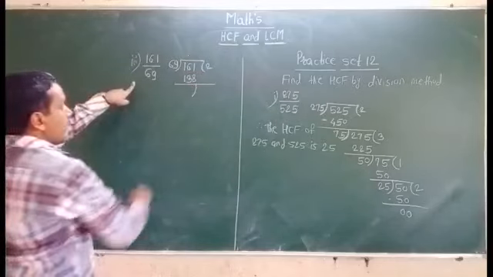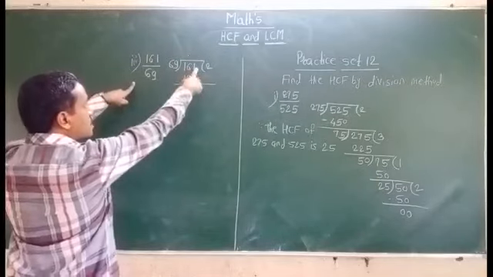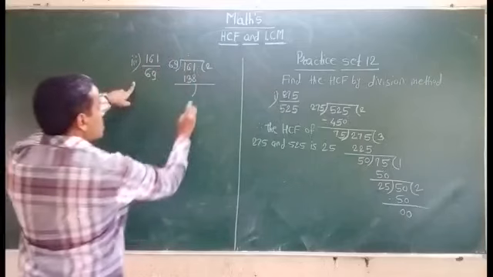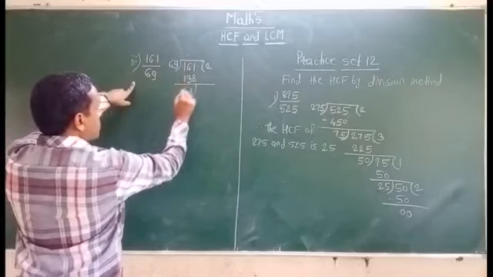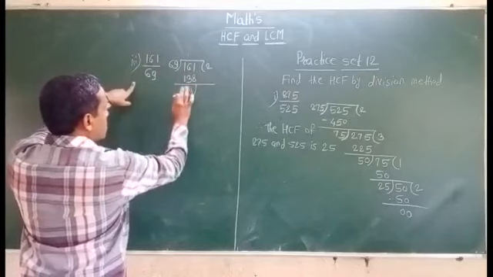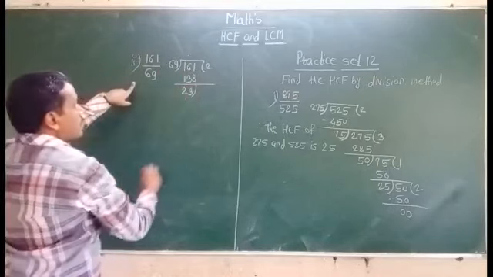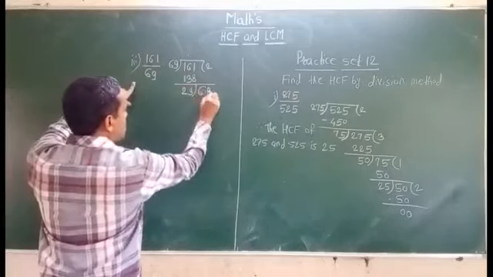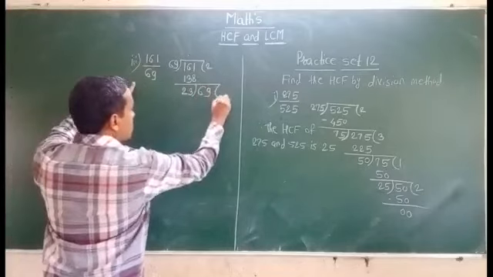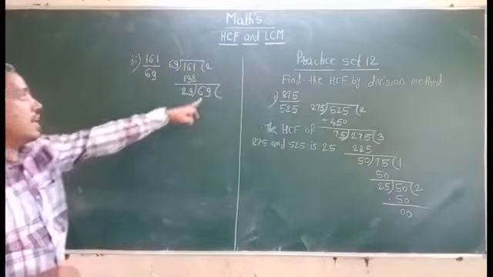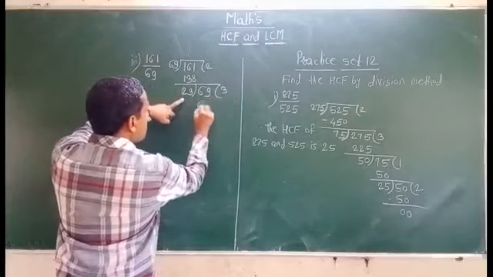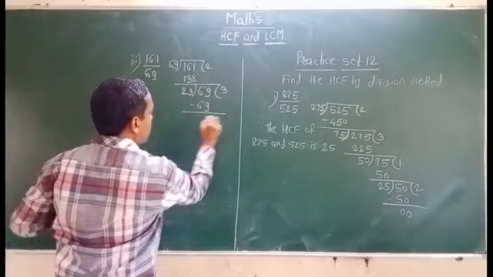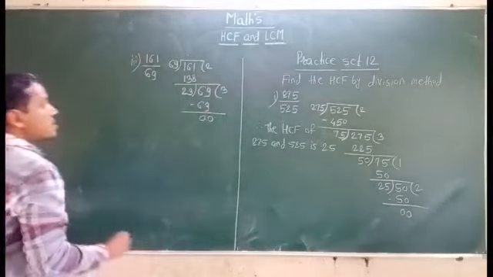When we subtract 138 from 161, we get the answer 23. Then 69 comes in a row of 23. 23 3s are 69, and the remainder is 0.